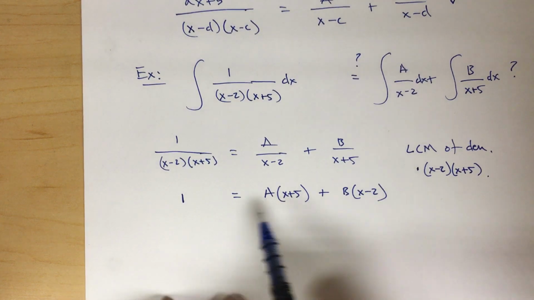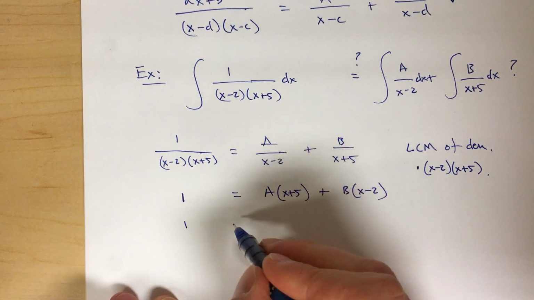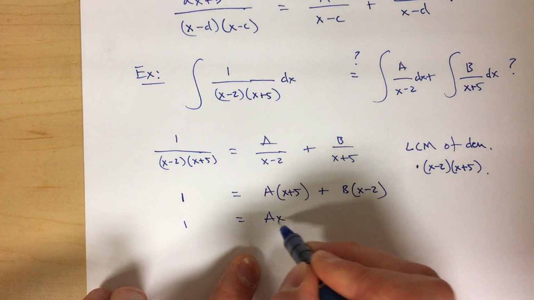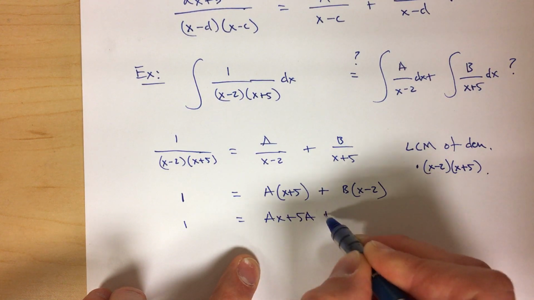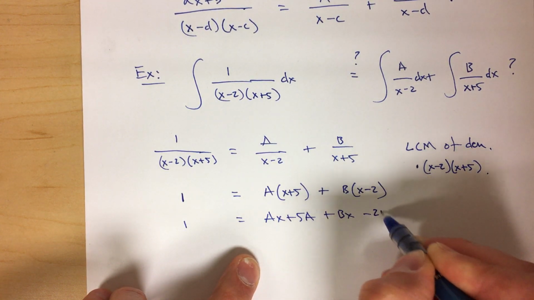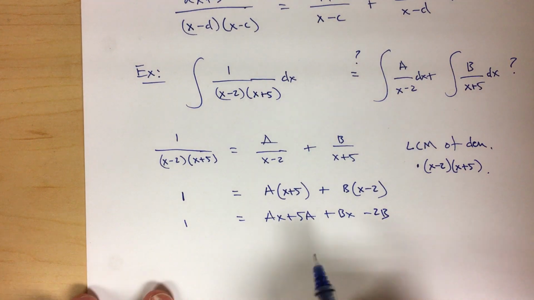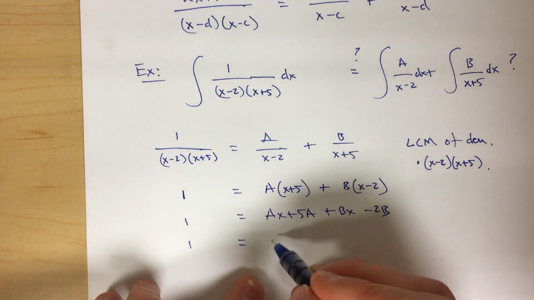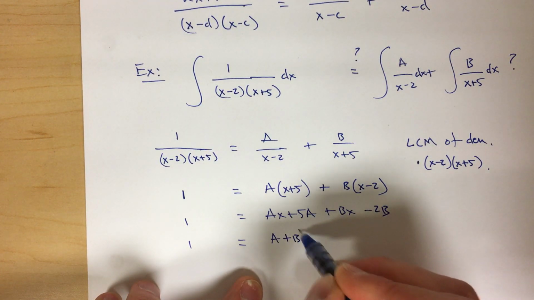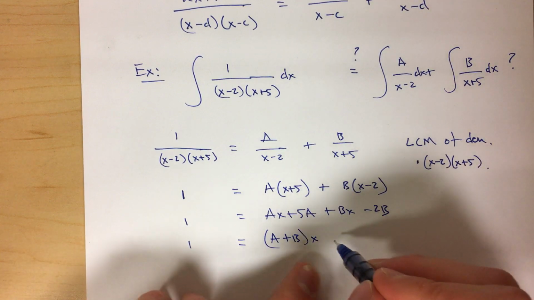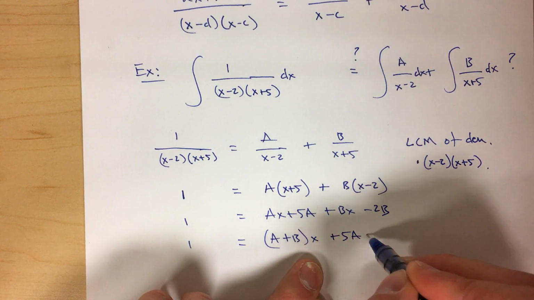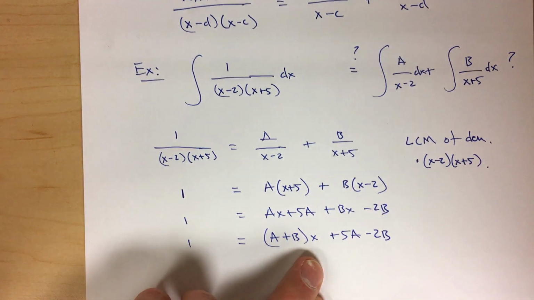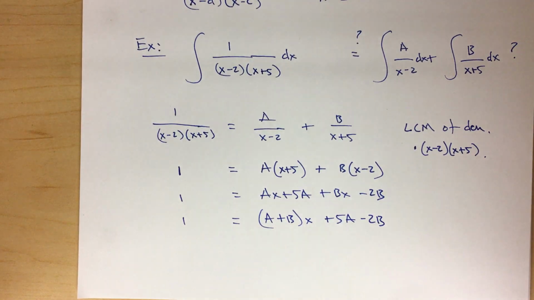Okay, now simplifying, I get 1 equals ax plus 5a plus bx minus 2b. And so 1 is equal to a plus b times x plus 5a minus 2b. Now, a couple things I know in this case, because really what I'm trying to do is find a and b.